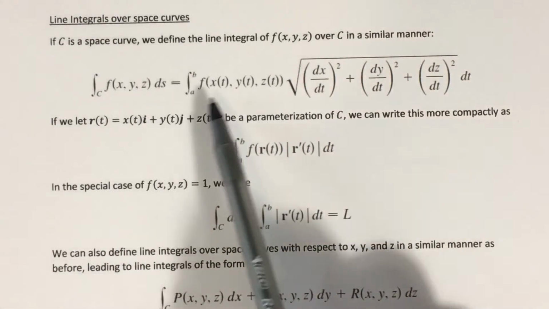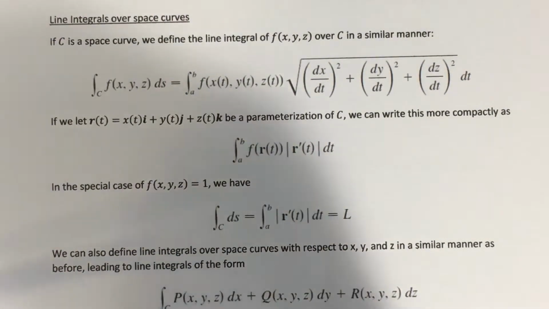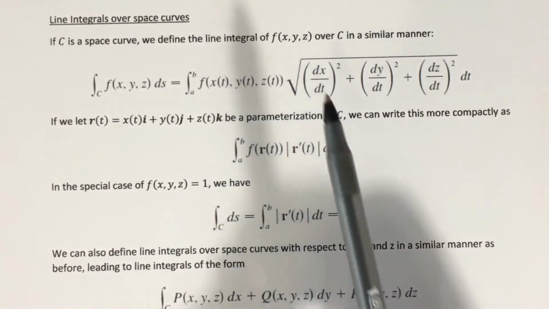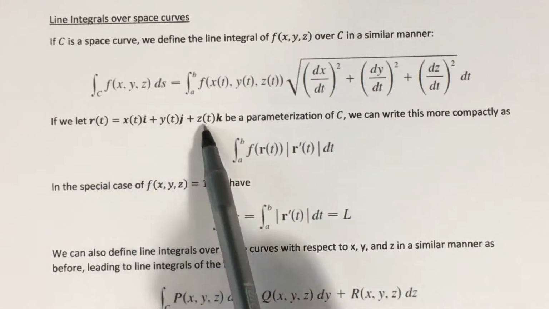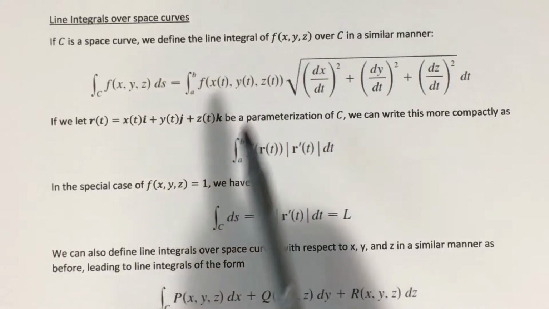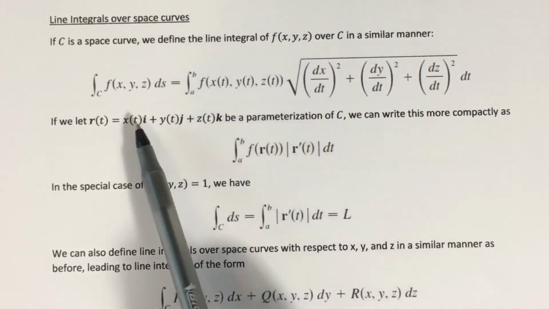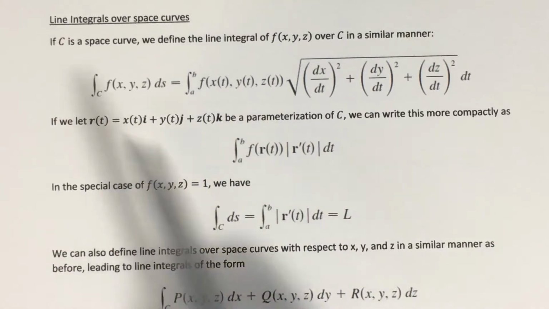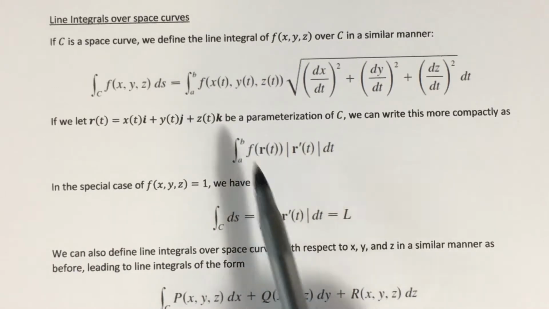Now this notation gets really cumbersome, but if we choose to use vector notation instead, it can make this much more compact. So for example, if this parametrization is represented as a vector function the way that we're doing it here, r of t, then this thing in here, this x of t, y of t, z of t, can be more compactly notated as just r of t. So it's like plugging r of t, a vector, into the function f.